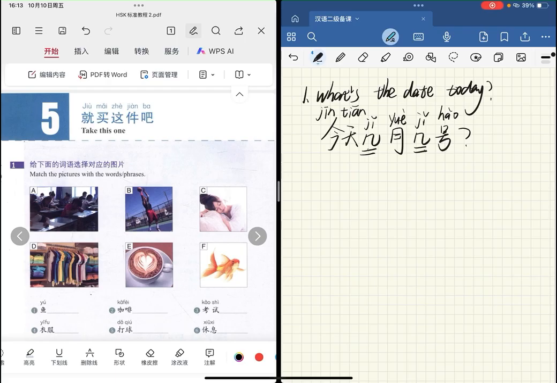The 几 means how many or how much. So we use the 几 to ask about the number. So the question is, what's the date today?